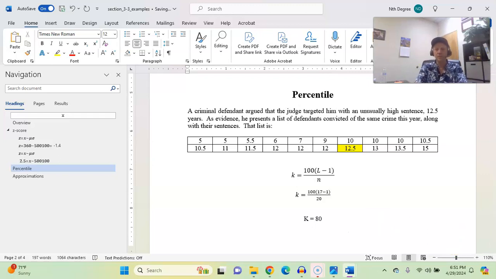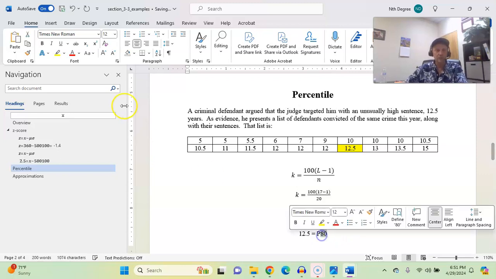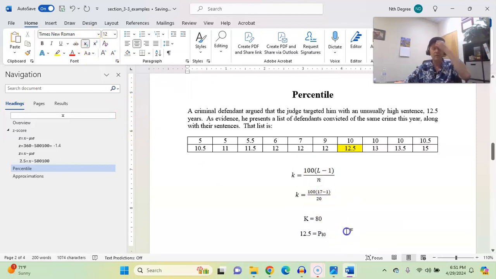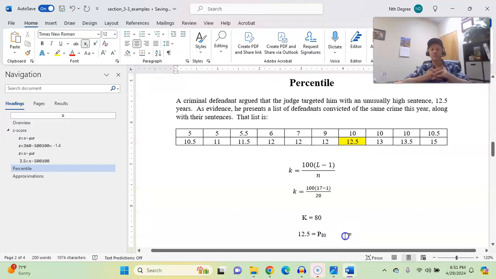We could say k equals 80, or we could say 12.5 years is the 80th percentile, with a little subscript in this list. Okay, so that's how we do the basic calculation of identifying the percentile corresponding to a number in a discrete list like this.